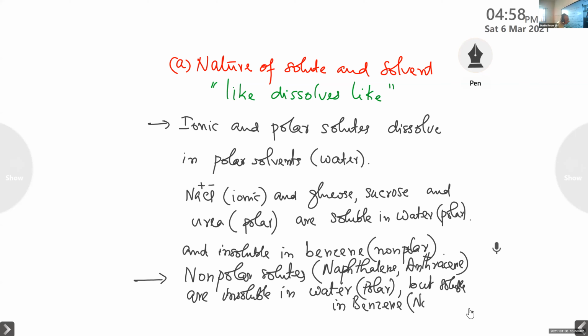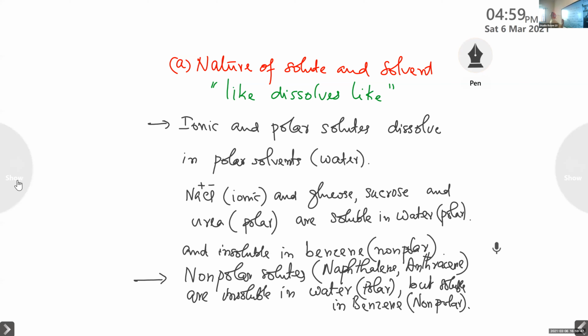That is about the relation between the solute and solvent, or the nature of a solute and solvent. Ionic and polar solutes, for example, sodium chloride, urea, glucose, sucrose, etc., are soluble in polar solvents like water and insoluble in non-polar solvents like benzene, while non-polar solutes like naphthalene and anthracene are insoluble in water, which is polar, but soluble in benzene, which is non-polar.